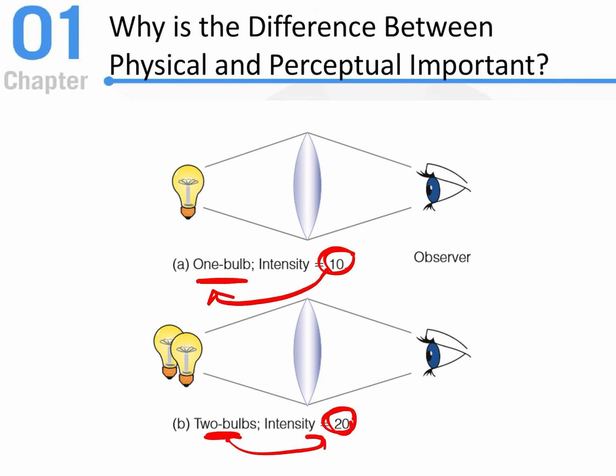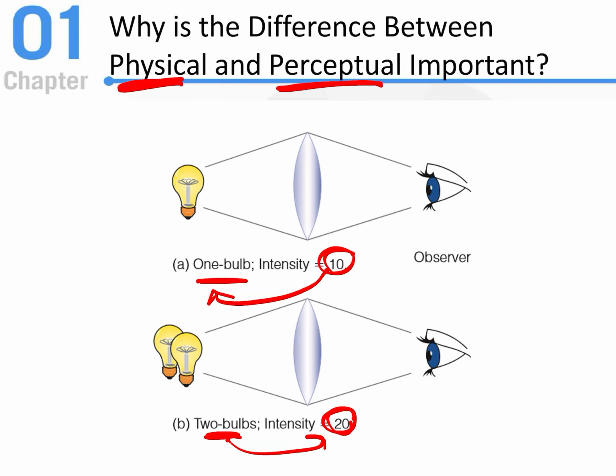But it turns out we don't do this, okay? This is why the difference between physical and perception is important. Okay, what you're physically seeing in terms of physical intensity and your perception or perceptual intensity, these are very different things sometimes. So it's important to understand the difference between the two and the fact that they do not necessarily go hand in hand.